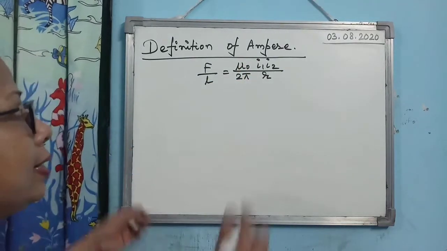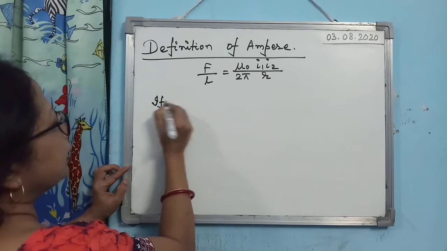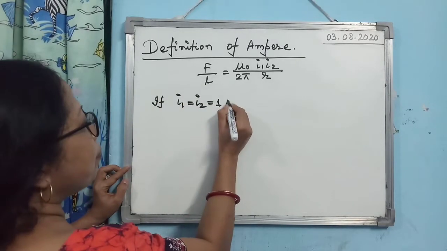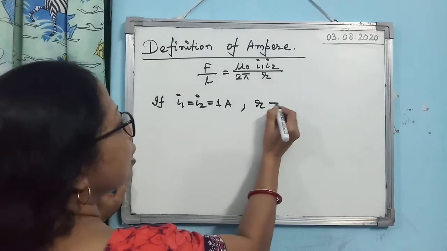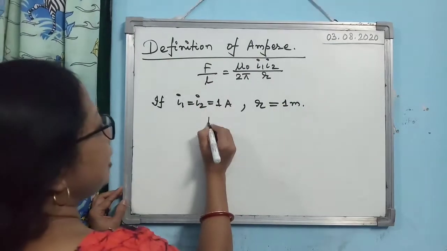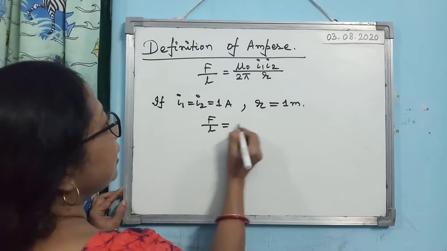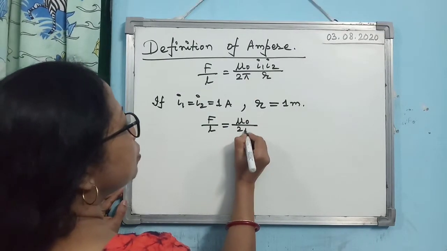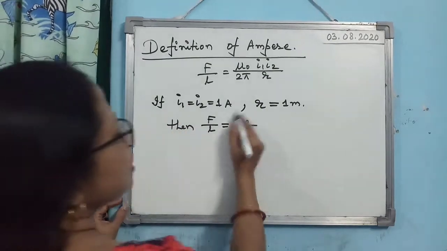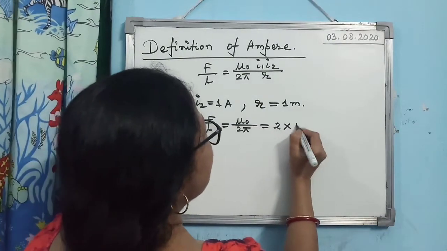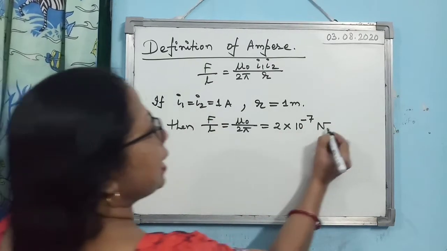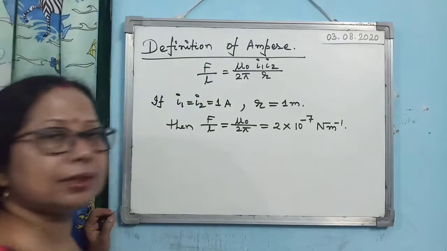Now understand, if you consider that I1 equal to I2 equal to 1 amp, and if you consider R equal to 1 meter, then F by L becomes equal to mu 0 by 2 pi, isn't it? So, mu 0 by 2 pi, what is the value? 2 into 10 to the power minus 7, and F by L means Newton per meter.